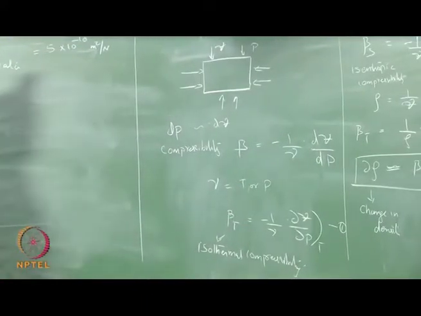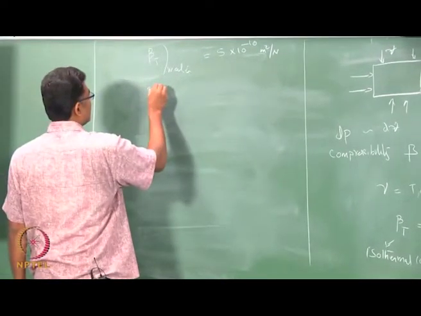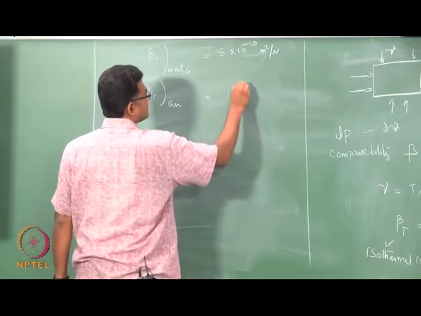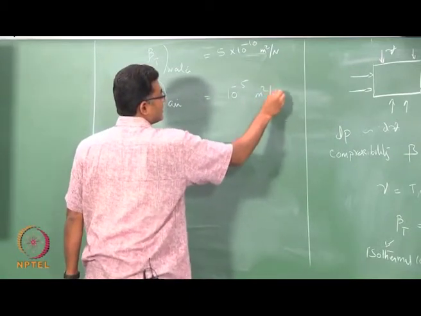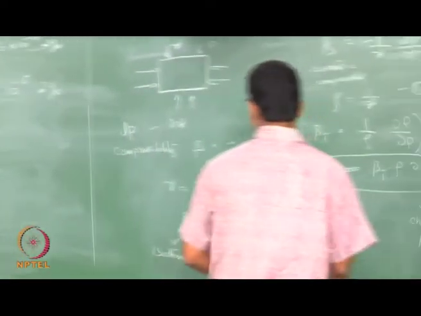So, that is going to be meter square per Newton, and beta T of air is 10 power minus 5. So, that is 5 orders more than water.